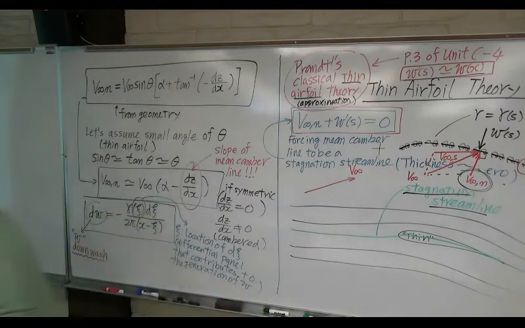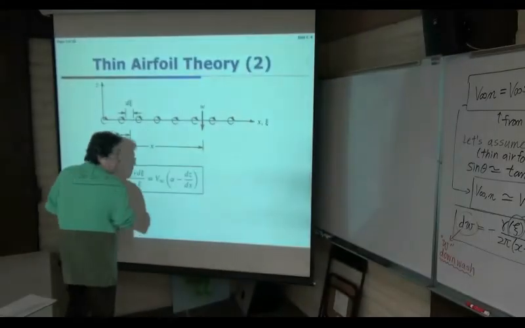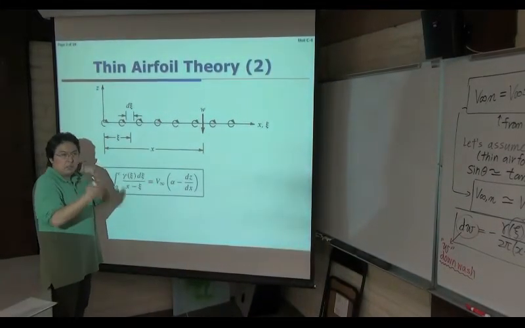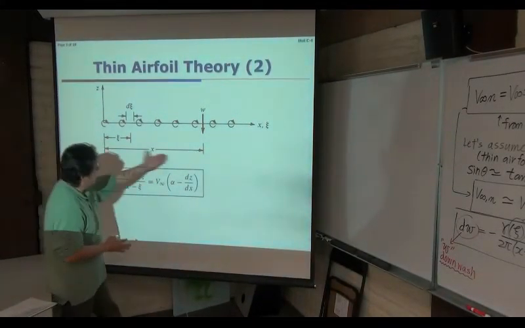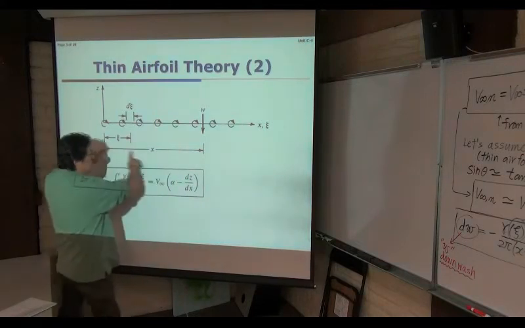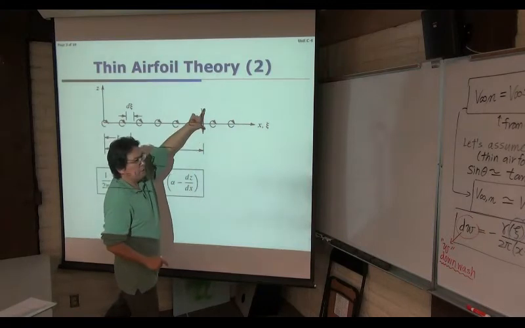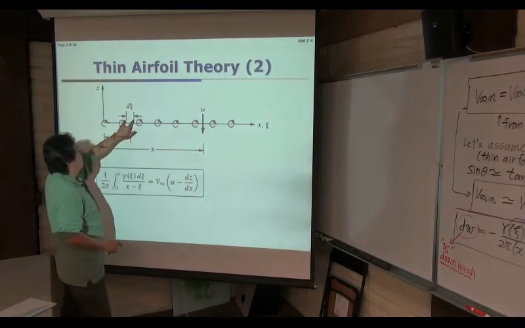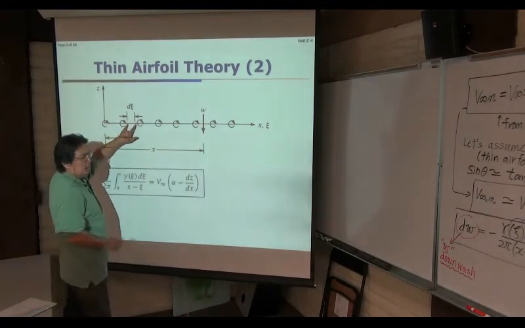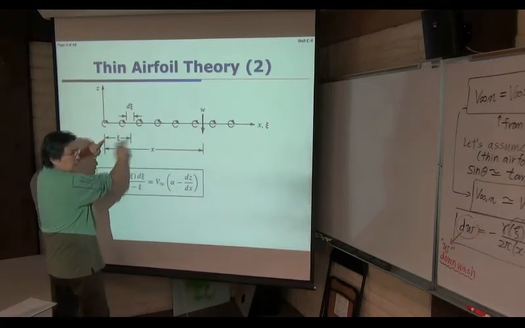Okay, let's go back to this picture once again. So this is actually the coordinate location. Now what about this x? x is, again, the coordinate location of the downwash w, which is generated by this particular differential panel located at location ξ.